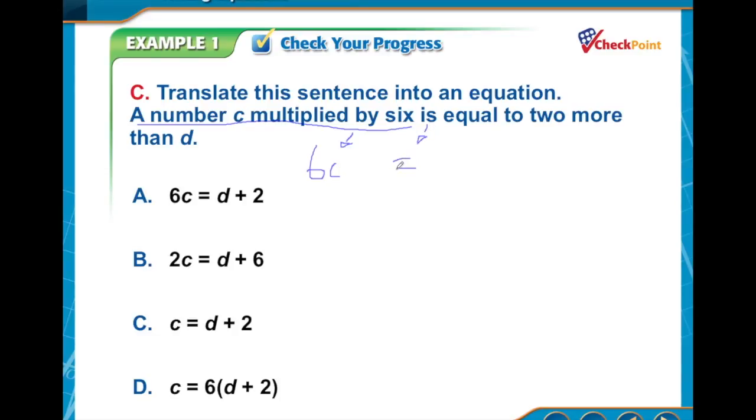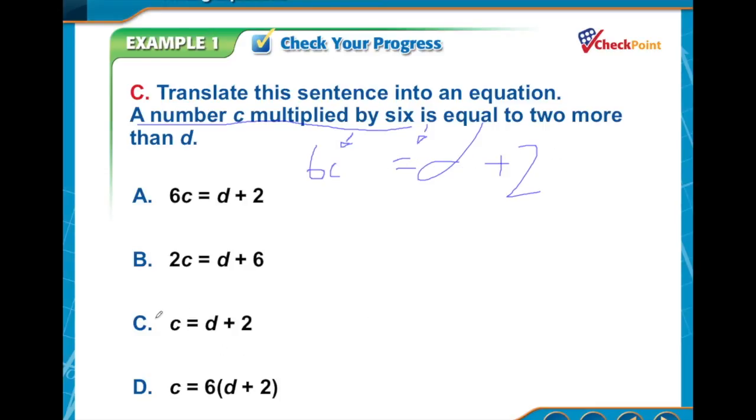Is equal to 2 more than d. So 2 more than d would just be d plus 2. More than just means add 2 and d. So you could write d plus 2 or 2 plus d. They mean the same thing. So for this one, we have 6c equals d plus 2.